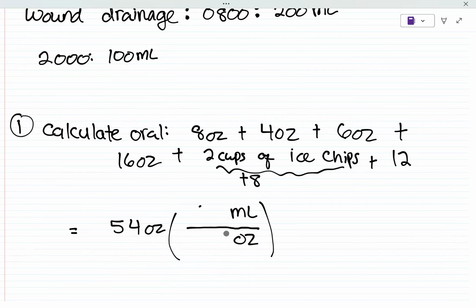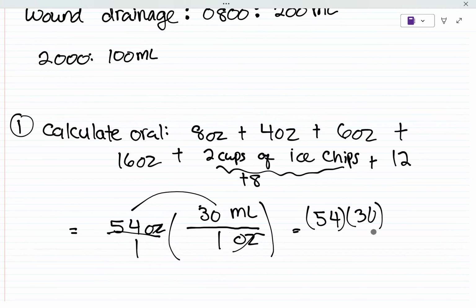I believe for 1 ounce there is 30 milliliters. Okay, so that's something you must know. And then as you can see, the ounce disappears. If you multiply across, because it is a fraction, 54 times 30 over 1 gives me a total of 1620 milliliters.